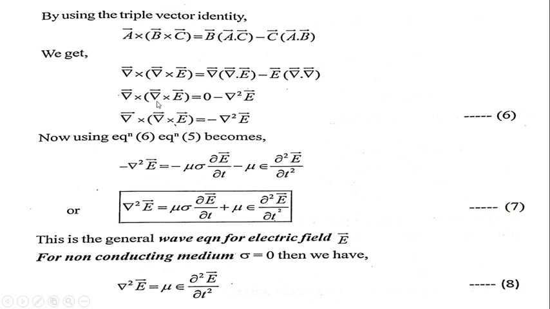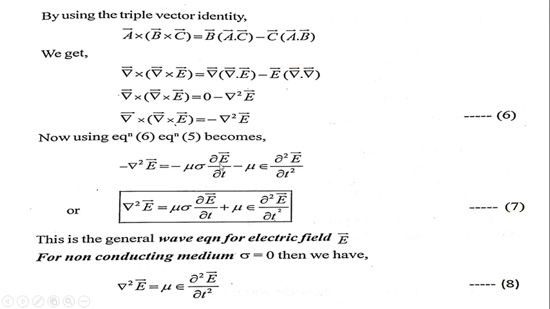So del cross del cross E equals 0 minus del square E, and therefore del cross del cross E equals minus del square E, and using this equation 6 in equation 5 we get minus del square E equals minus mu sigma delta E by delta T minus mu epsilon delta square E by delta T square.